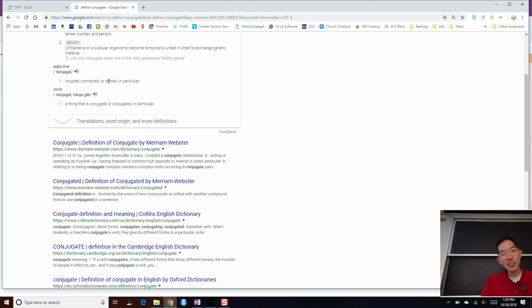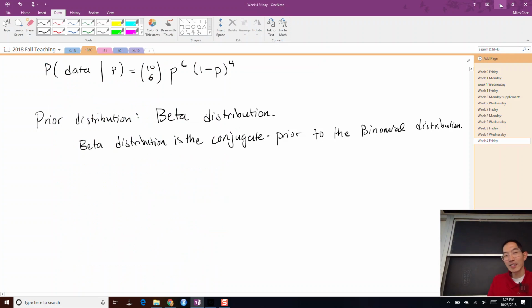Coupled, connected to, or related in particular. So that's what we want. This is the prior distribution that is coupled with the binomial distribution.